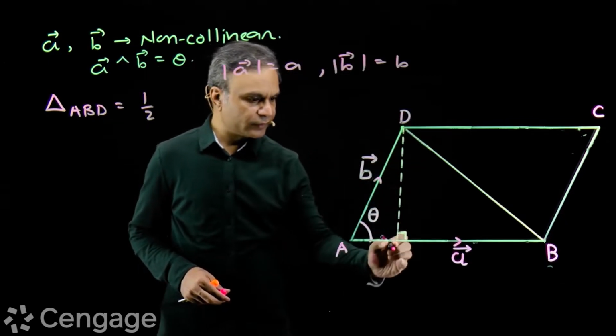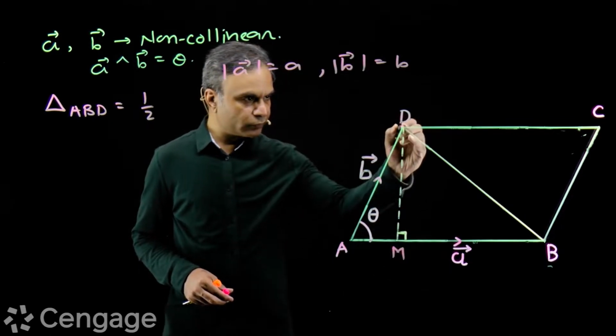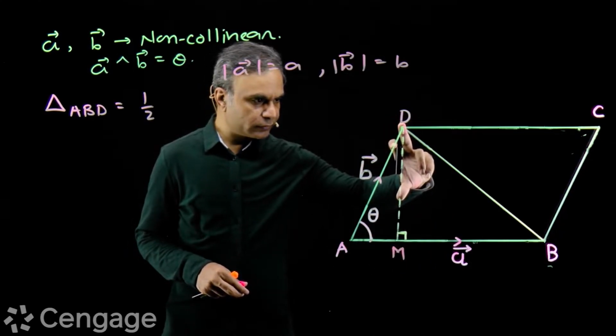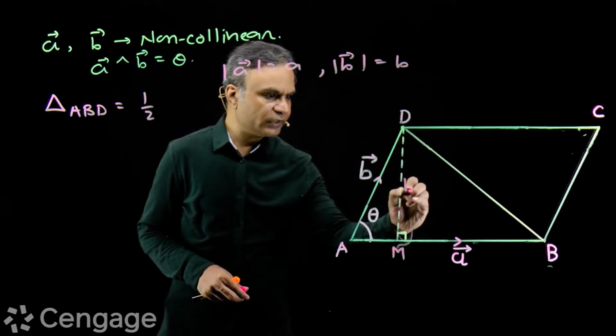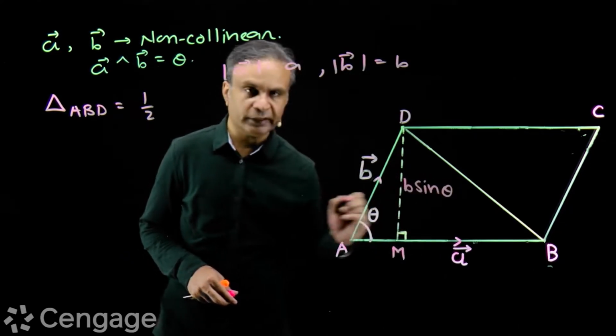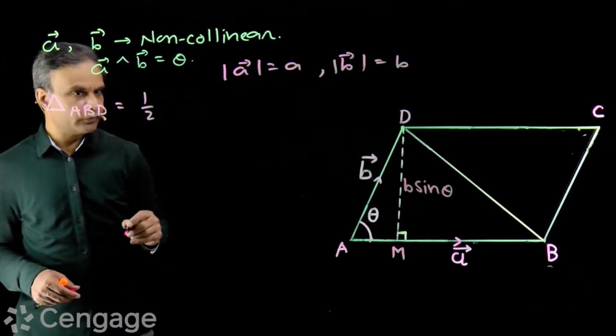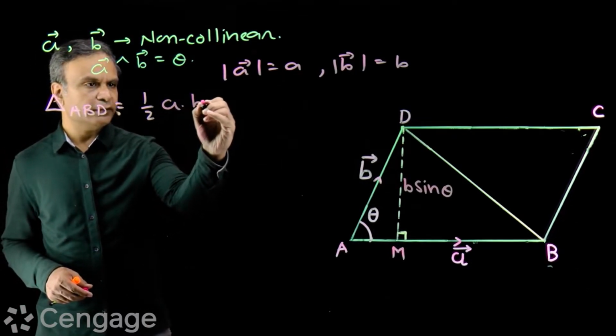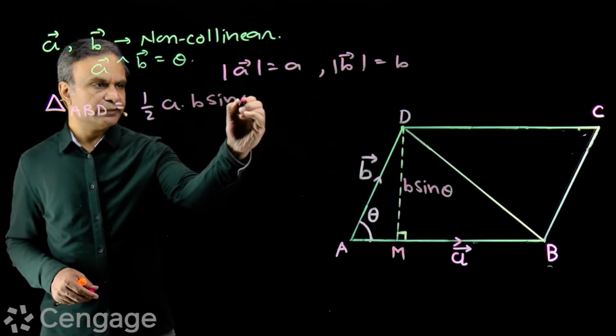In this right angle triangle, suppose M is the foot of perpendicular from D upon AB. Then height DM will be B sine theta. So area of triangle ABD is 1 upon 2 into base into height, which is 1 upon 2 into A into B sine theta.